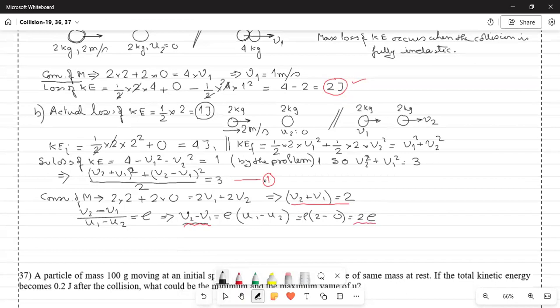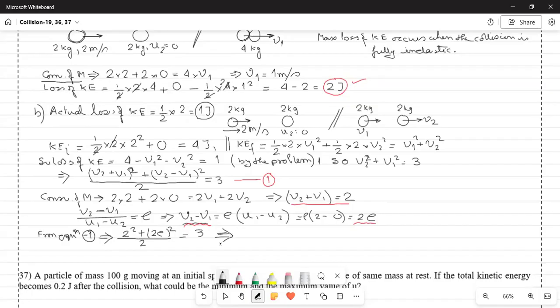Now we simply go to equation 1. (v2 plus v1) whole square, v2 plus v1 is 2, so 2 square, plus (v2 minus v1) whole square, which is 2e whole square, all divided by 2, equals 3.